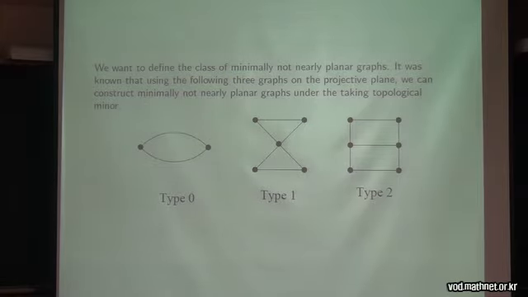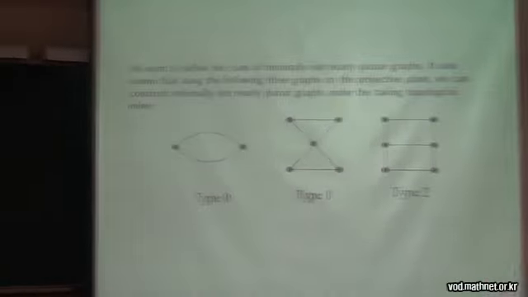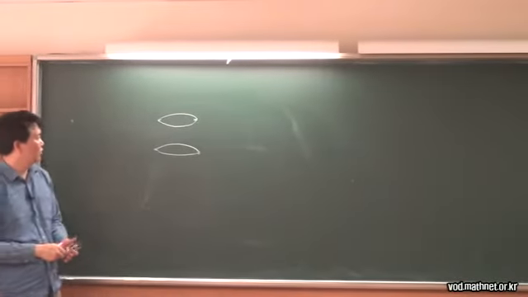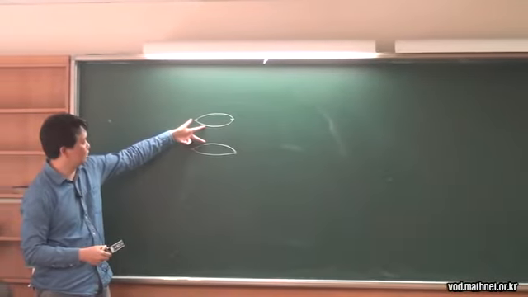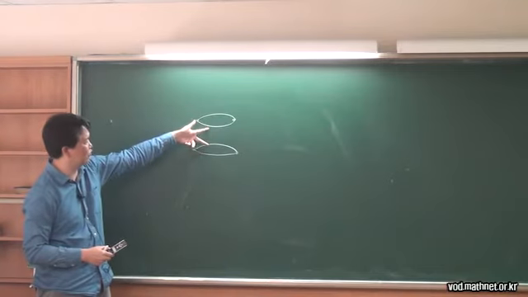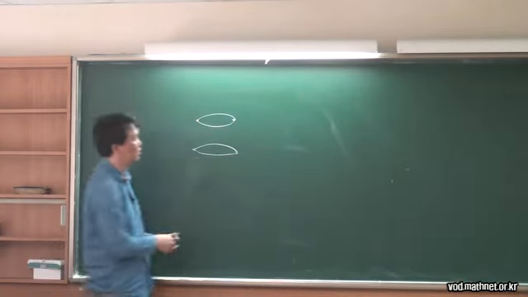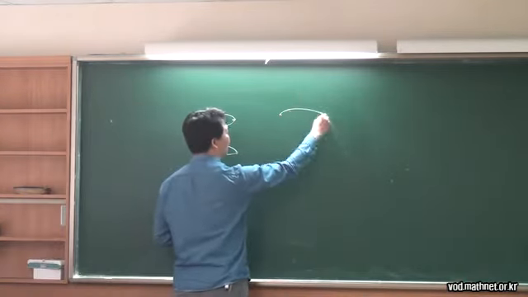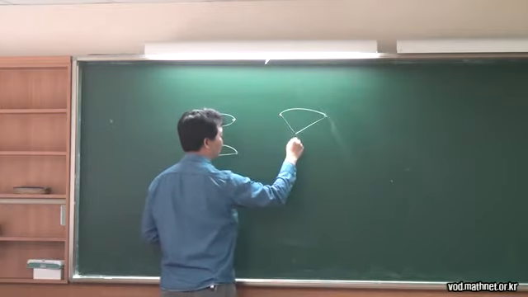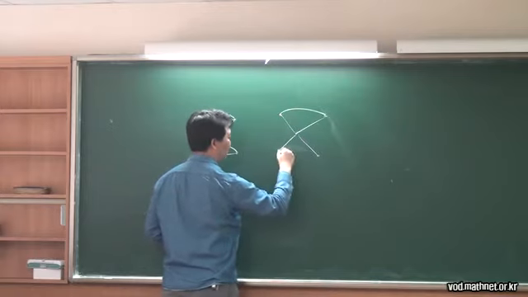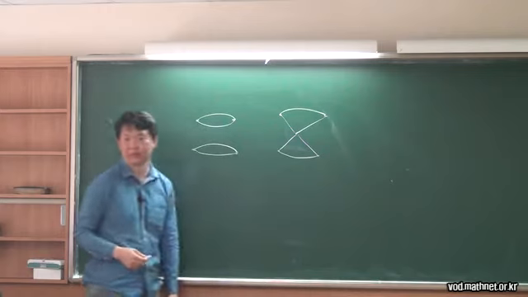So what I'm saying is that for a pair of type 0, if subdivisions of two edges share a point, then it becomes type 1.